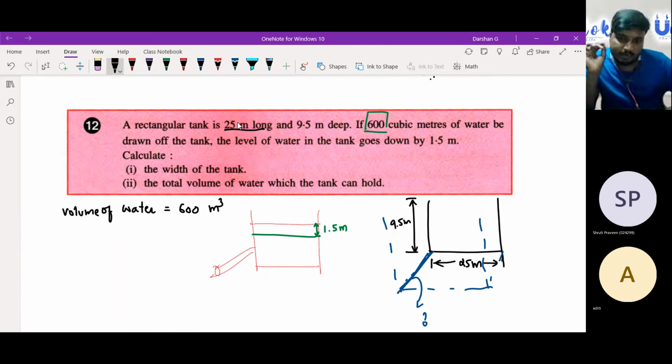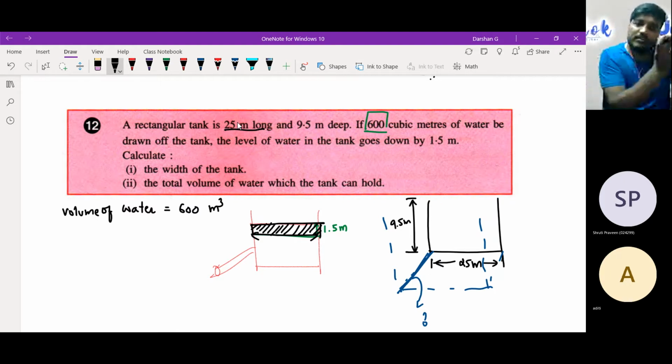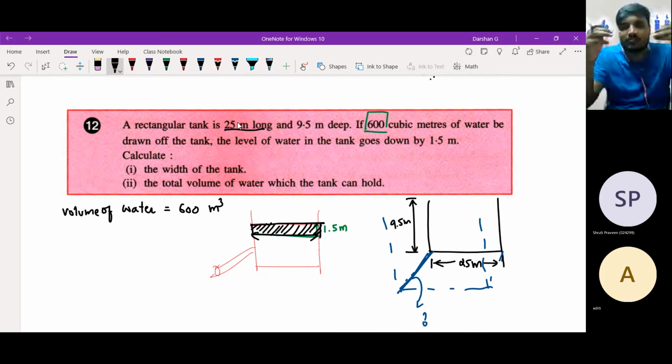Now, if I think in a proper way, I know the length. The complete length is 25. I know the depth, but that's not required. But the water has come down. Only this much part of water has come down, meaning this is the volume of water which has gone out. That's the understanding. So 600 meter cube has come out.